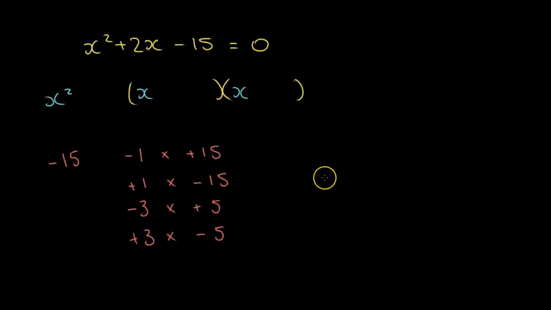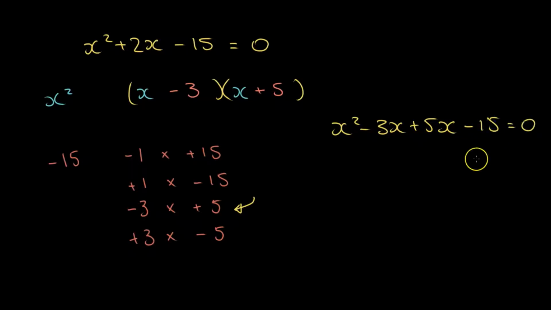So I'm going to assume you've had a go, and I'm just going to show you the correct answer this time. The correct answer was this pair of numbers here, minus 3 and positive 5. If I put those numbers into my brackets, minus 3 and positive 5, and expanded it out, I would get x squared minus 3x plus 5x minus 15 equals 0.